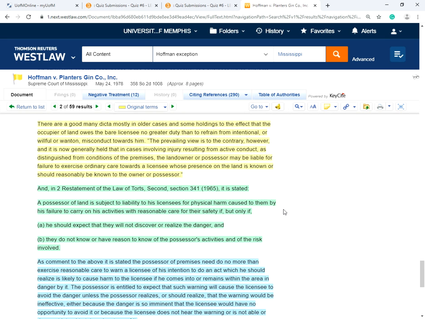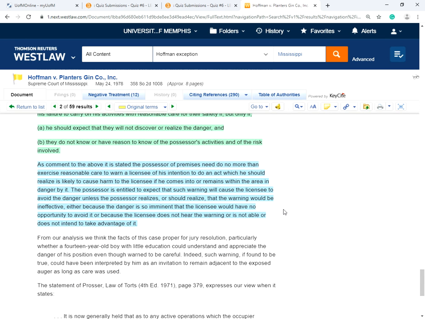And the court found, as commented on to the above, it is stated the possessor of premises need do no more than exercise reasonable care to warn a licensee of his intention to do an act which he should realize is likely to cause harm to the licensee if he comes into or remains within the area in danger by it.